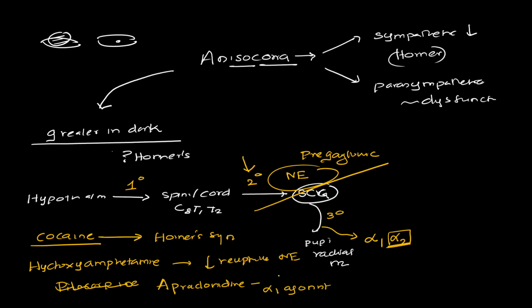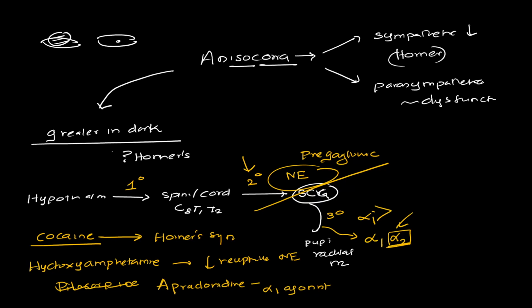The problem with Horner syndrome is that usually the radial pupil muscles are activated by means of alpha 2. But in Horner syndrome, due to the compromise of the sympathetic pathway, the alpha 1 receptors predominate, because alpha 1 tries to compensate for the lack of activation of the alpha 2.